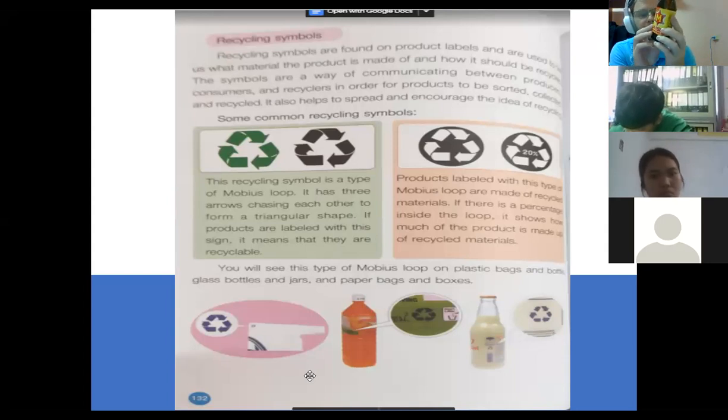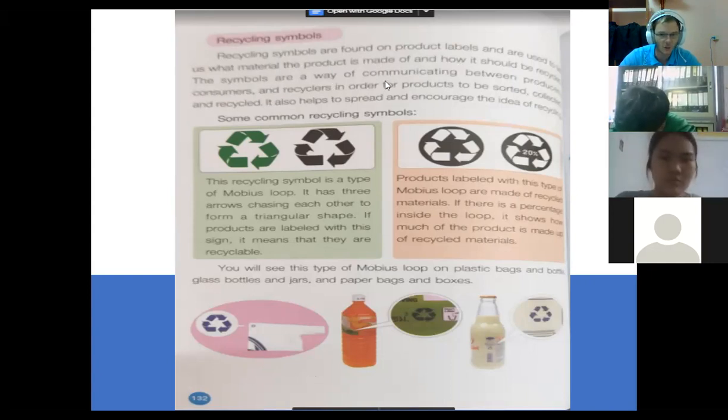This energy drink here has a small recycling symbol on there that shows us that it can be recycled. So if you read here, recycling symbols are found on product labels and are used to show us what materials the product is made of and how it should be recycled.